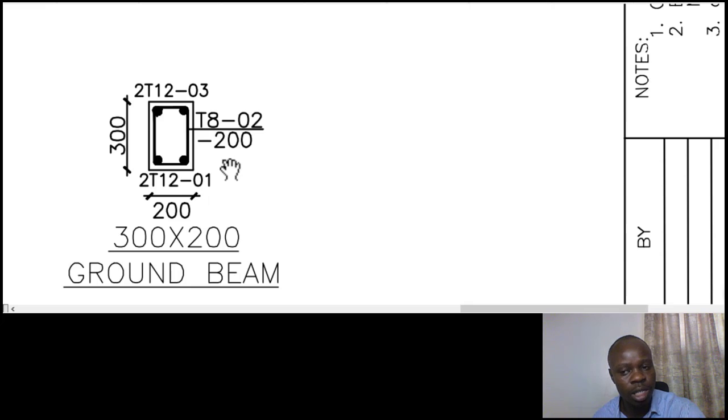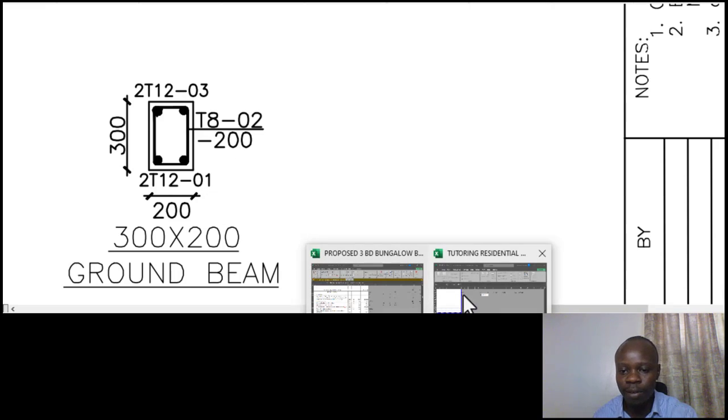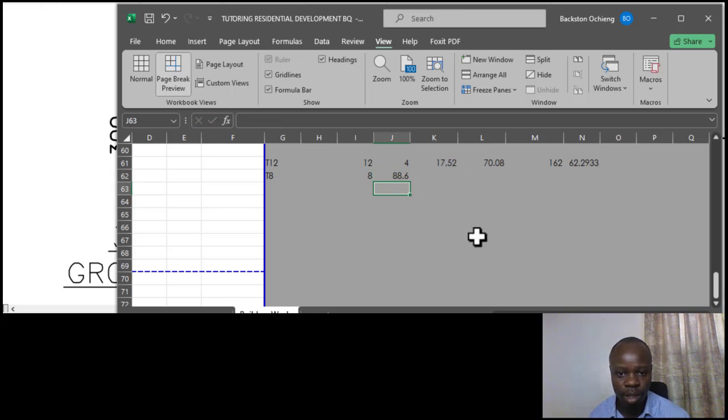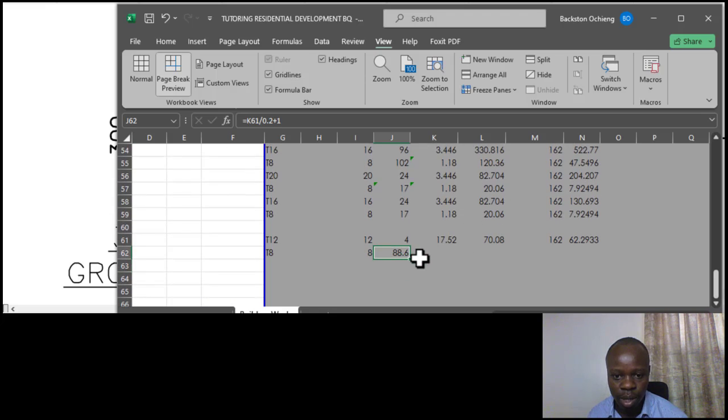Of course, T8 is the diameter, then stroke or dash 200, meaning the interval is 200. So you divide by 0.2, then you add 1. Alright, and of course that is now the total number that you have for those particular links.